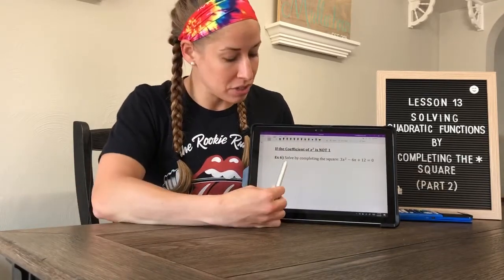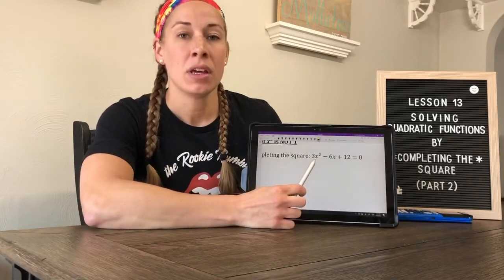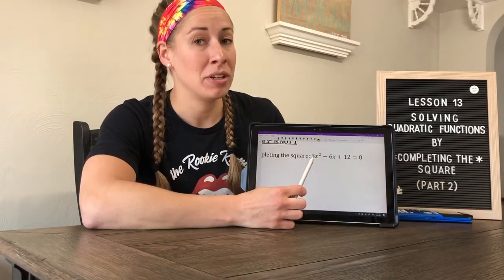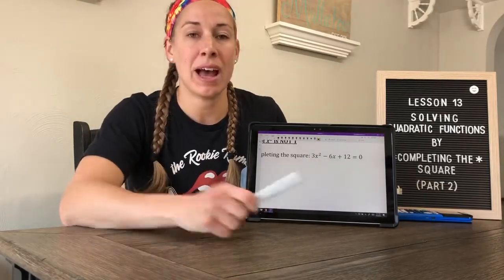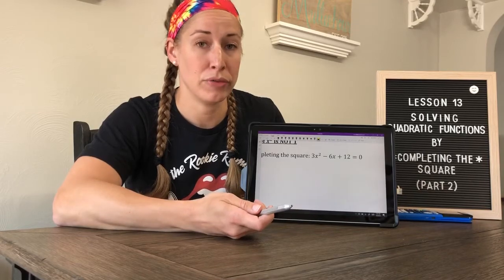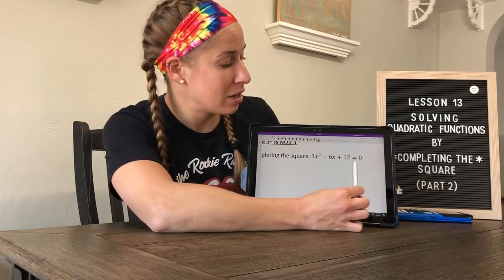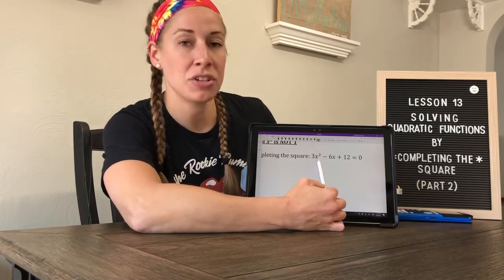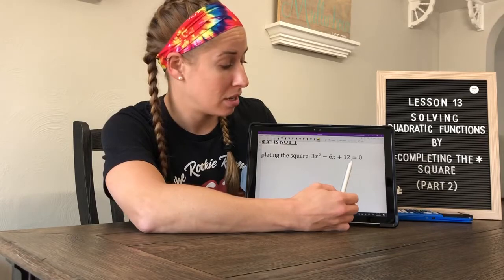If your leading coefficient is not 1, and in the first example it's 3, it's quite simple. All we need to do is make it 1. If we had 3x squared, how would we make that have a leading coefficient of 1? Well, we could divide it by 3. But this is an equation, so technically we're not just dividing the first term, we're dividing every term by 3.